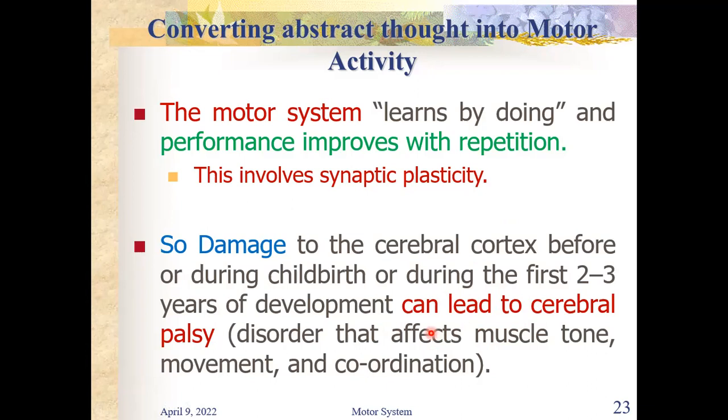This disorder affects muscle tone, movement, and coordination, because the signals for controlling voluntary motor activities originate from the cerebral cortex. And in cerebral palsy, it's not only the cerebral cortex that is affected, even the basal ganglia is affected, because the basal ganglia also plays a role in planning and fine-tuning movement.